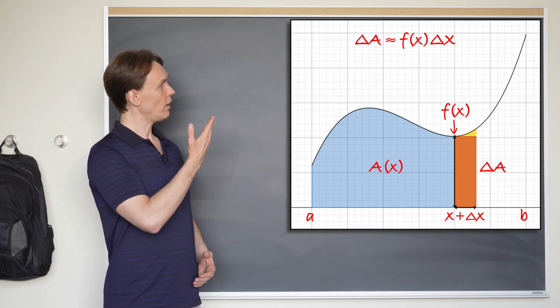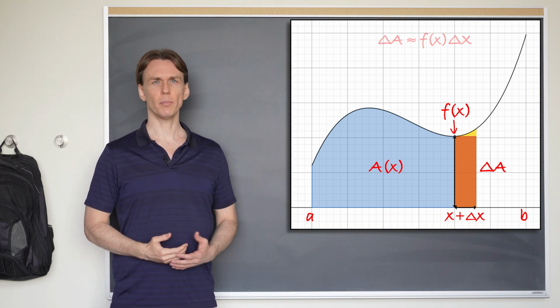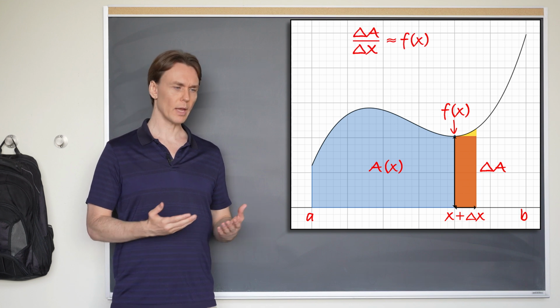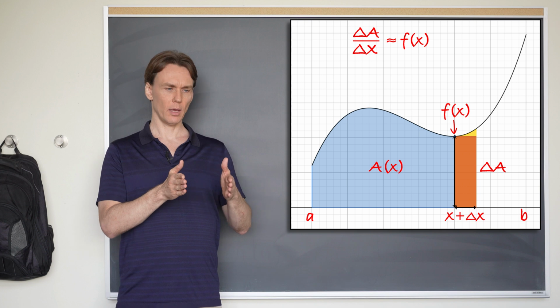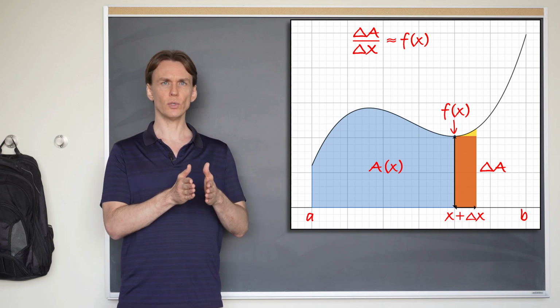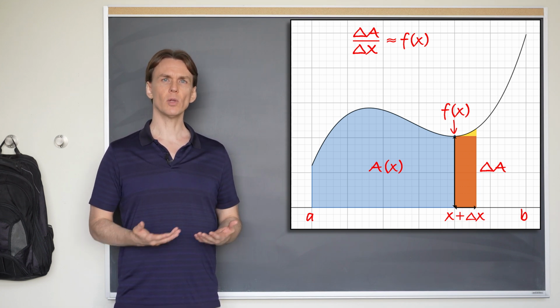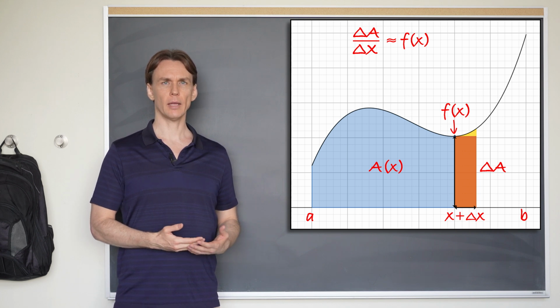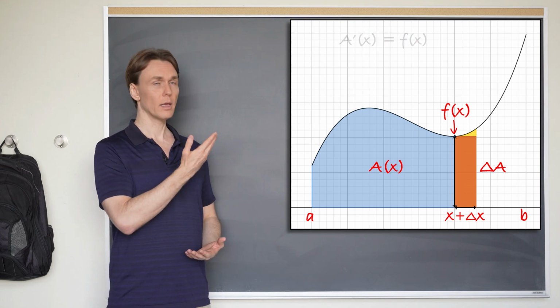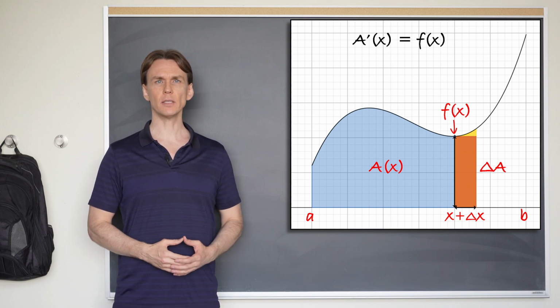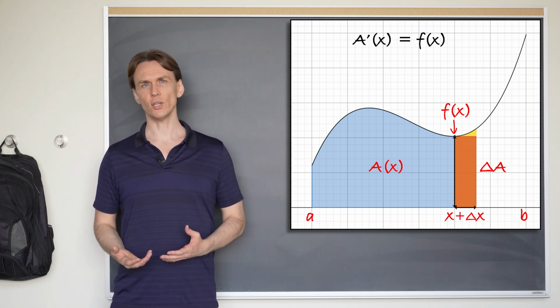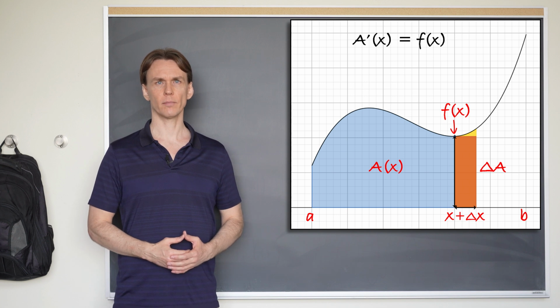And then if we divide both sides of this equation by delta x, and then let this delta x get smaller and smaller, in the limit when delta x goes to 0, this approximation will get better and better. And in the end, we will get exactly that the derivative of area function A of x is equal to our original function f of x.